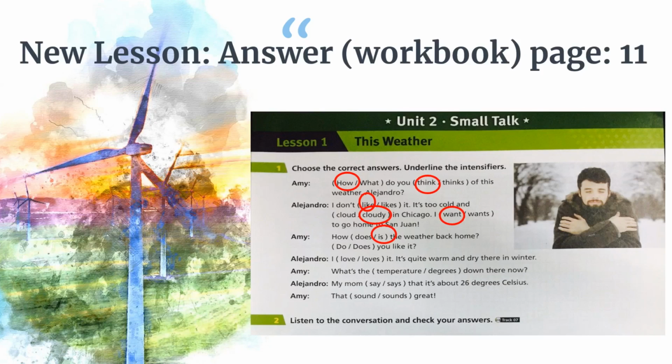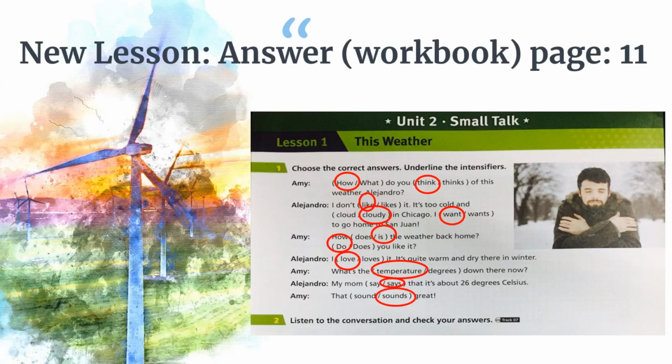How is the weather back home? Do you like it? I love it. It's quite warm and dry there in winter. What's the temperature down there now? My mom says that it's about 26 degrees Celsius.